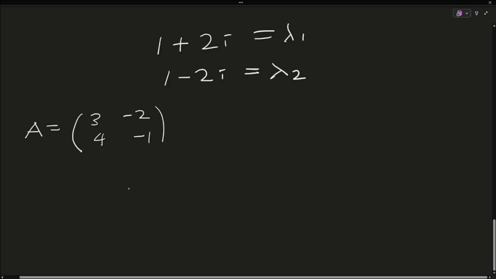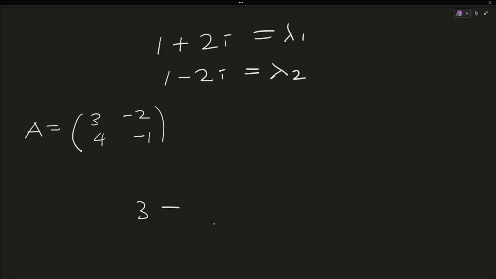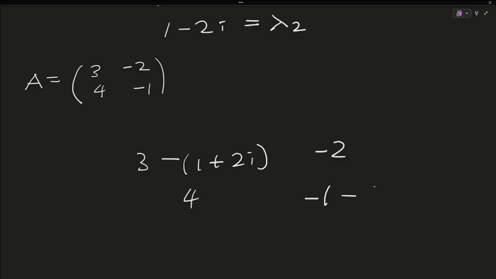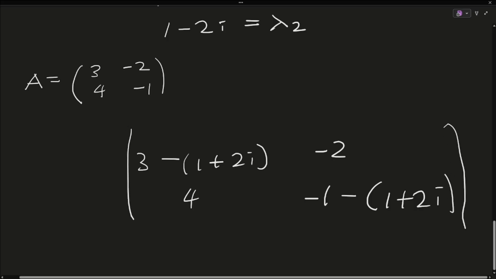Do that. So we will have 3 minus, let's do lambda 1 here, 1 plus 2i, okay? And since I is a diagonal matrix, we will subtract that from the last entry as well. So we will have exactly this matrix here.